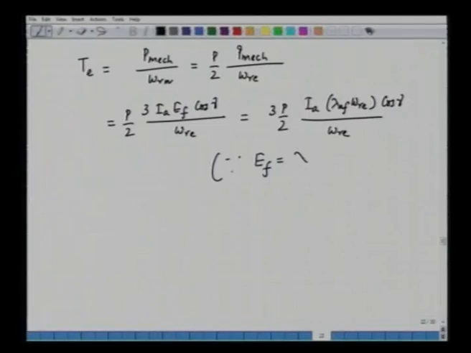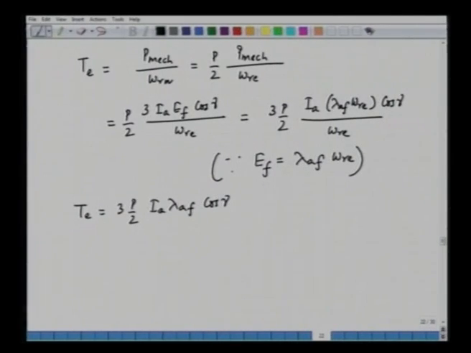So, this EF is equal to lambda AF into omega E. If we assume that EF equals lambda AF into omega E, we can write that here, and then finally the expression for the torque is 3 P by 2 IA lambda AF into cos gamma.